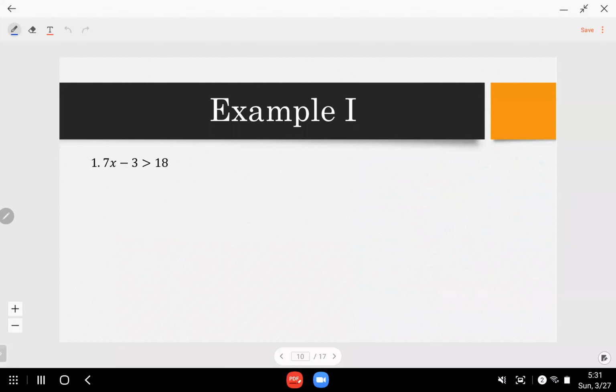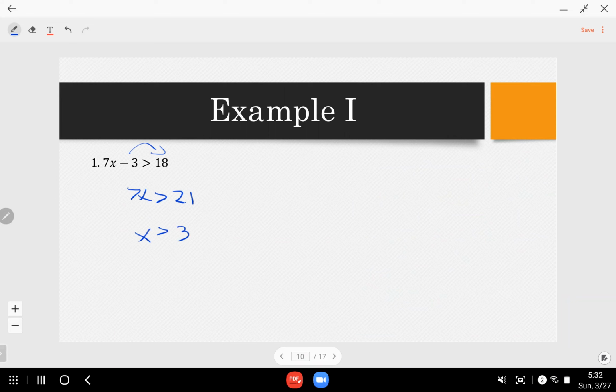So let's go over this example. For this example, it's quite easy, right? Remember inverse operations, we just move it to the other side. 7x is greater than 21 and x is greater than 3. Why did I not flip the sign? Because I did not multiply or divide anything by a negative.